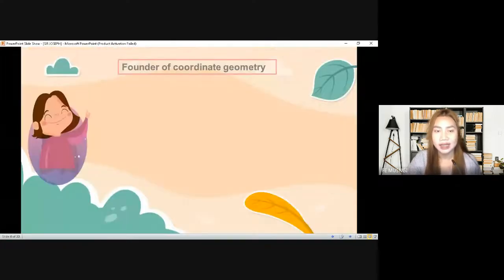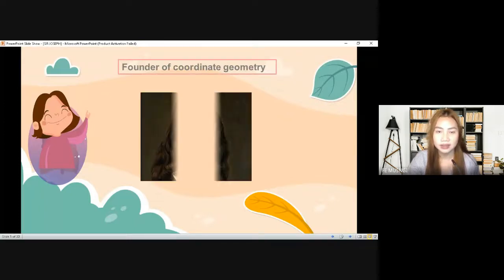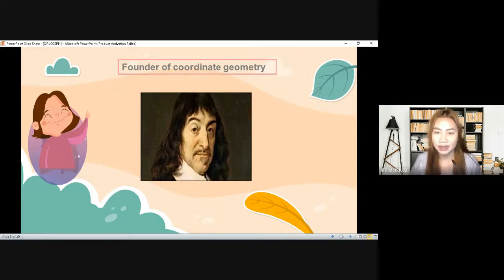The founder of coordinate geometry is none other than a French mathematician named René Descartes, born in 1596 and died in 1650. He developed it in the 17th century. So, developed ni Rene yung coordinate geometry in 17th century.